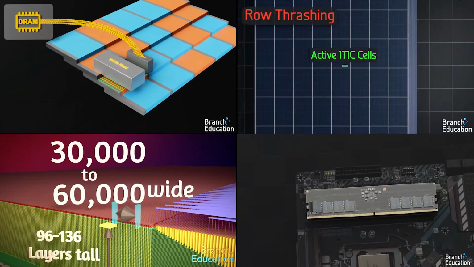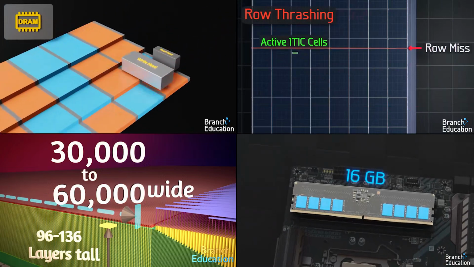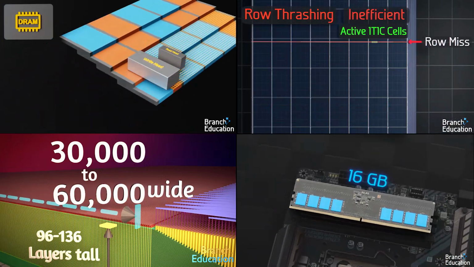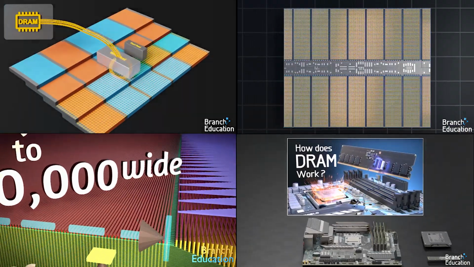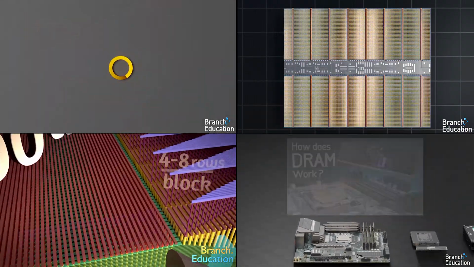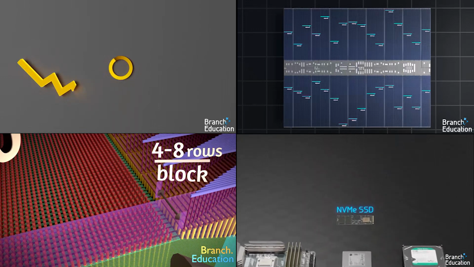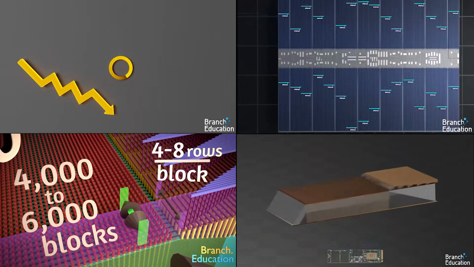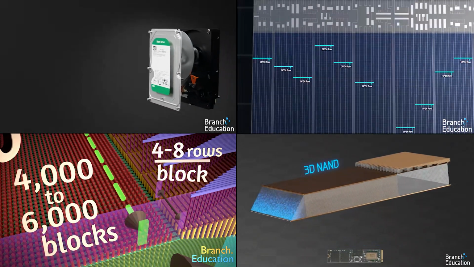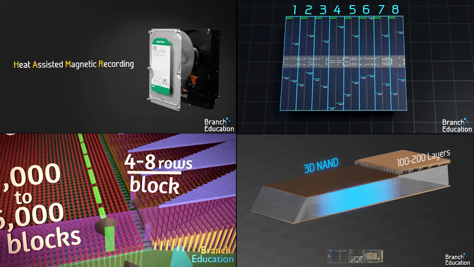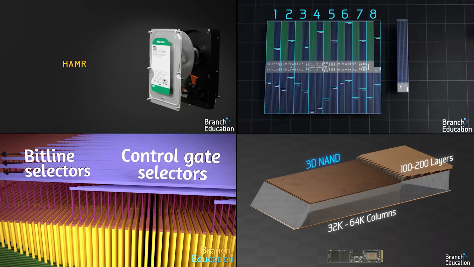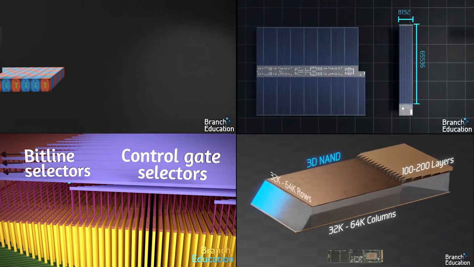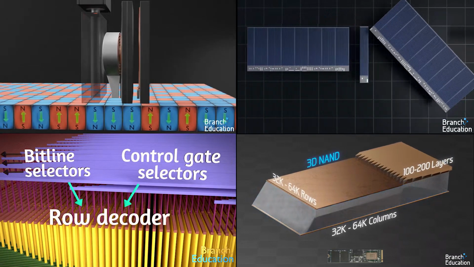However, among these 8 chips, only 16 gigabytes of data can be temporarily stored. Take a look at our 35-minute video on DRAM. But for now, let's move on to SSDs, which permanently store data in 3D arrays called 3D NAND. This array is 100 to 200 layers tall, 32 to 64,000 columns wide, and 32 to 64,000 rows deep.